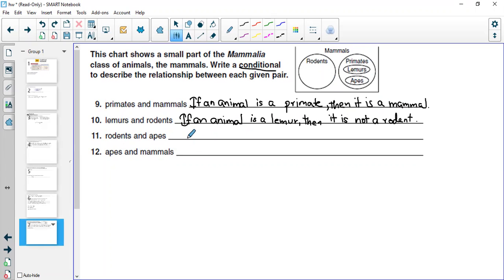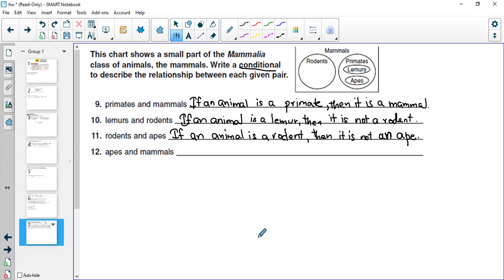If an animal is a rodent, then it is not an ape. Of course it's not. How funny would it be if a rodent became an ape?